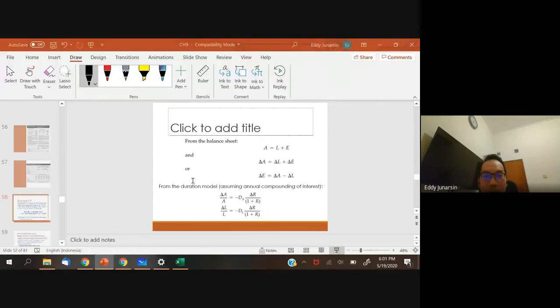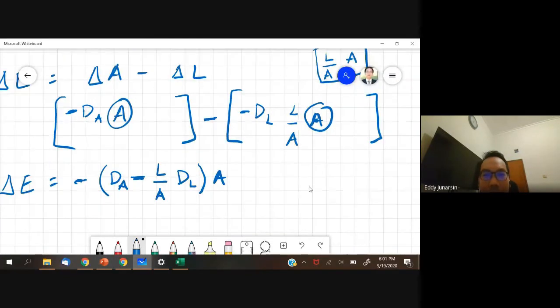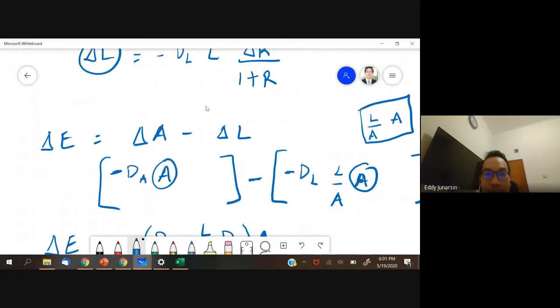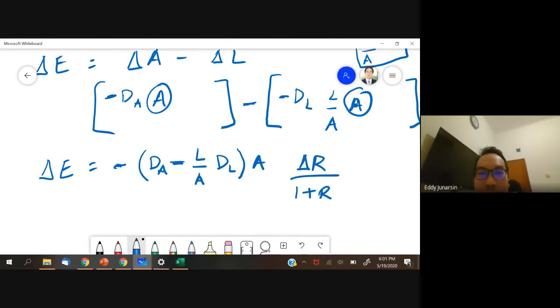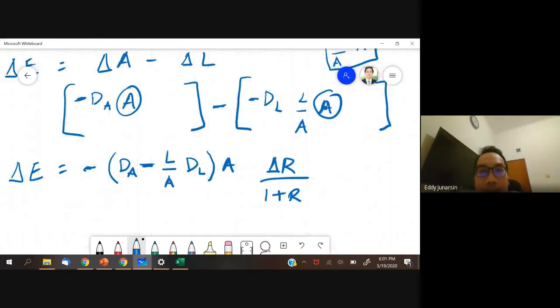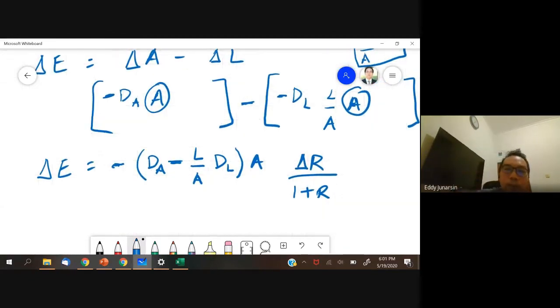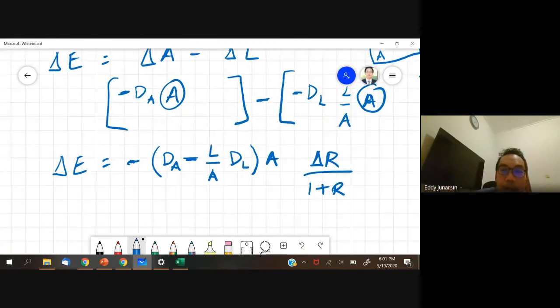So I should say it more accurately here. Because we have the same, let's say again we have the same change in interest rate divided by 1 plus original interest rate. So they're the same, so we get it out.